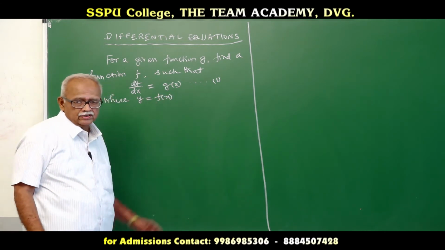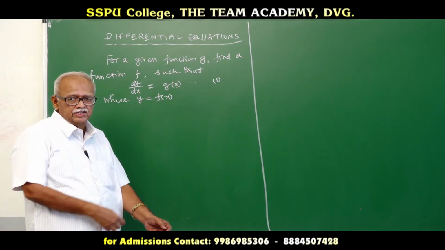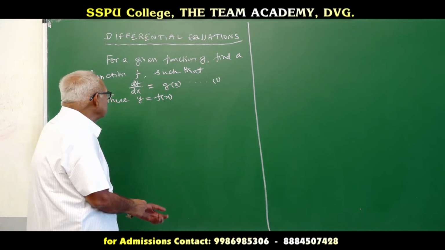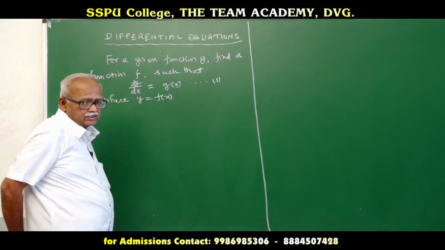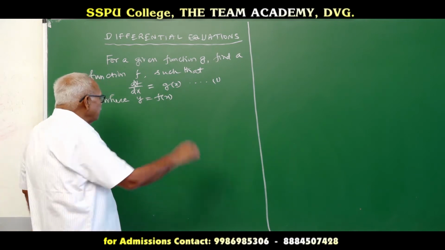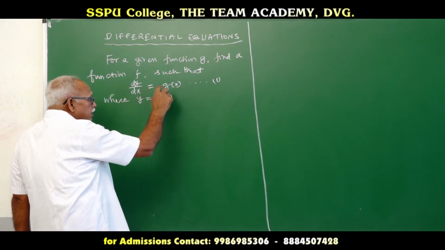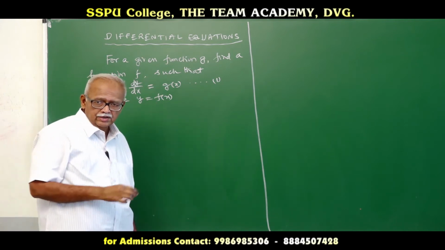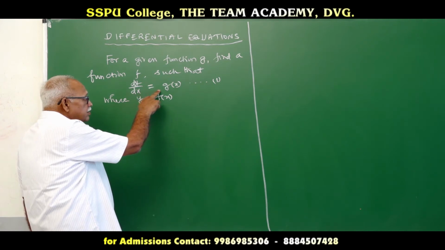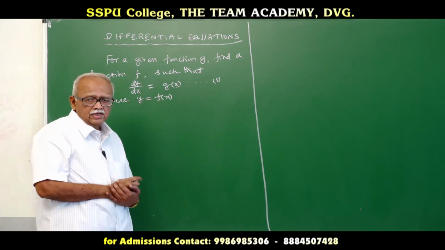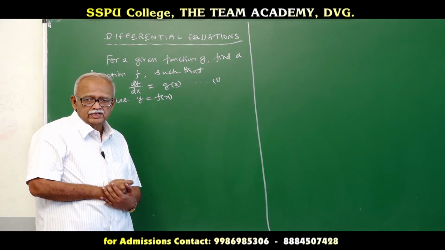So finding a function f for a function g, such that dy by dx is equal to g of x. An equation of this form is called a differential equation. That is, dy by dx is equal to g of x is an example of a differential equation.